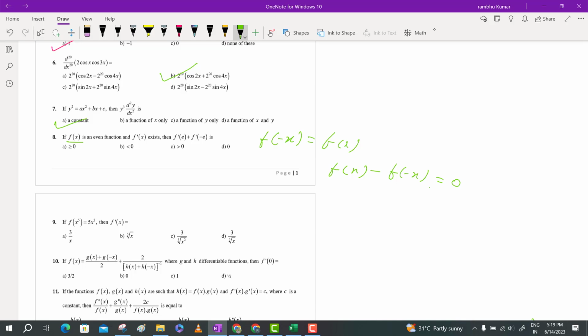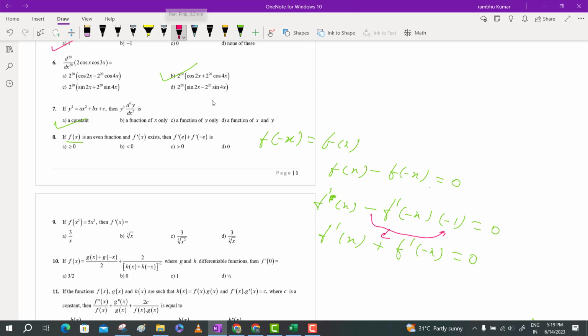Now differentiate both the sides. So this will become f dash x, then minus f dash minus x into minus 1 equal to 0. So this will become f dash x plus f dash minus x is equal to 0, because this minus and this minus give a plus.